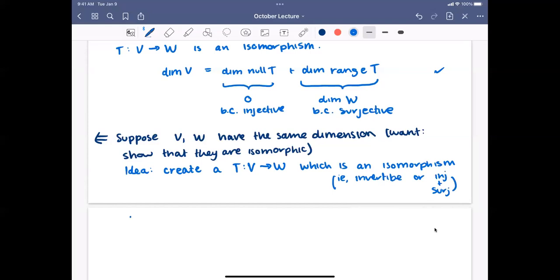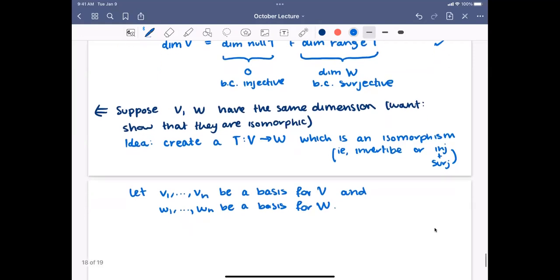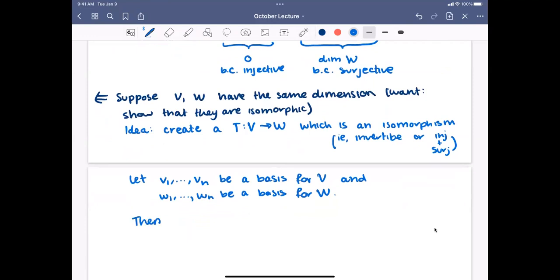Yeah, so let's fix V1 up to Vn, where n is the dimension of the two vector spaces. So let's let this be a basis for V, and W1 up to Wn be a basis for W. Then we'll define T from V to W by the following.